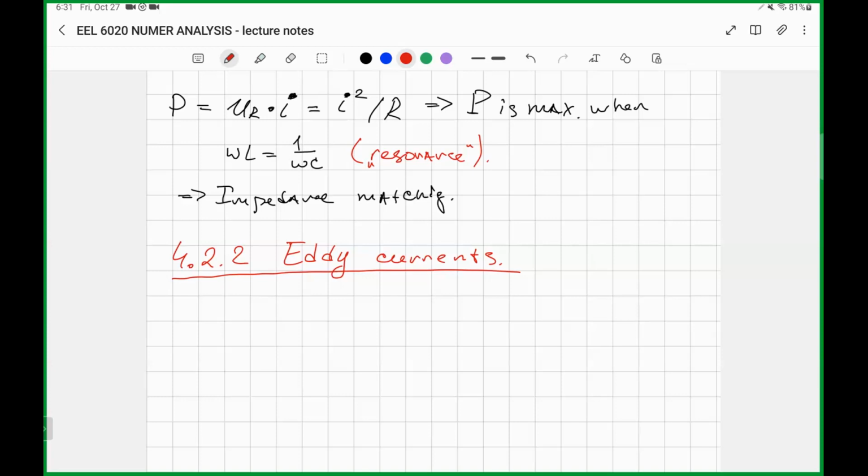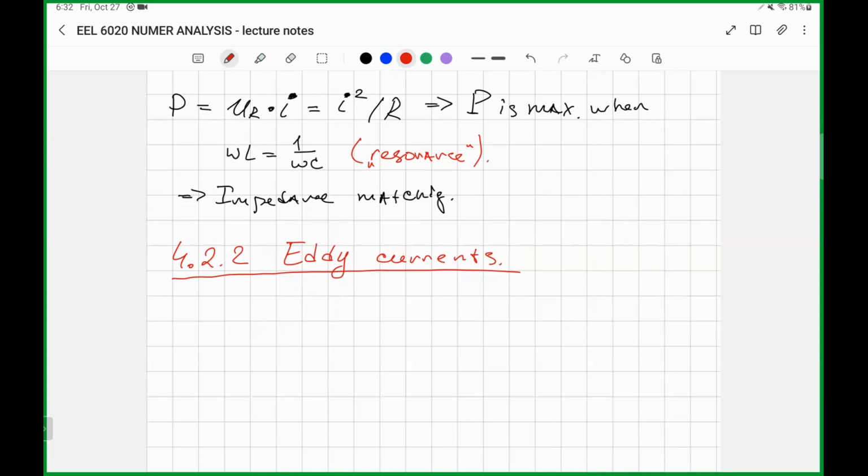When the field changes very fast, like in optics, in that case, the skin depth becomes very small, like maybe 100 nanometers or even less, and the field literally doesn't penetrate inside the metal, and doesn't cause any noticeable problems.